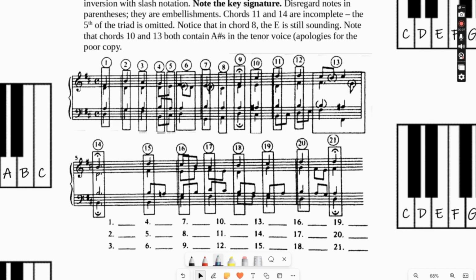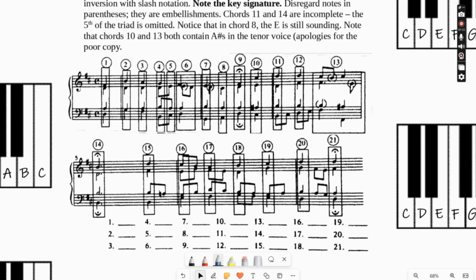Okay, so for the last part, it looks pretty scary. It looks like you have 21 different chords to analyze, but the truth is that most of these chords repeat. I think actually all of them happen at least twice. There might be only about 6 different chords, but they might occur 2, 3, 4, 5, 6 times.